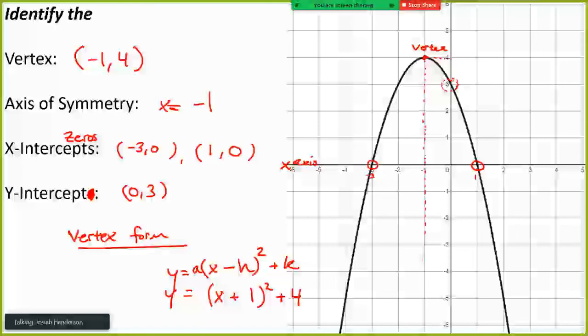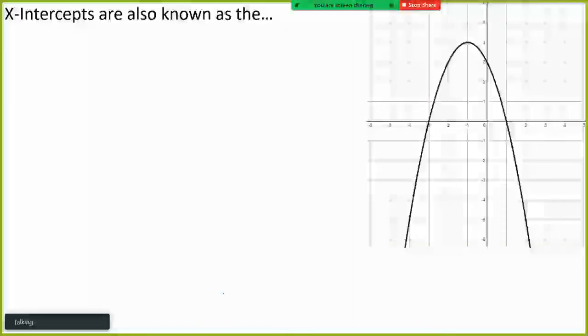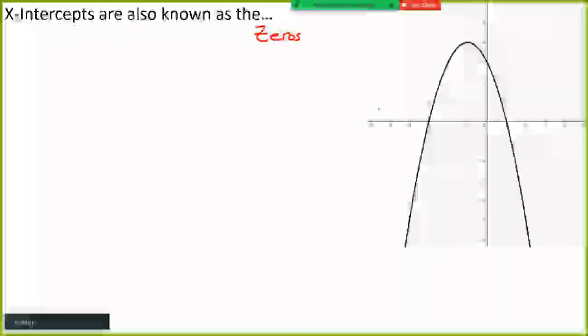When we are only working with the formula. Okay, I mentioned this earlier. X-intercepts are also known as the zeros. X-intercepts, that's what we're looking for, is where the parabola is intercepting the x-axis.